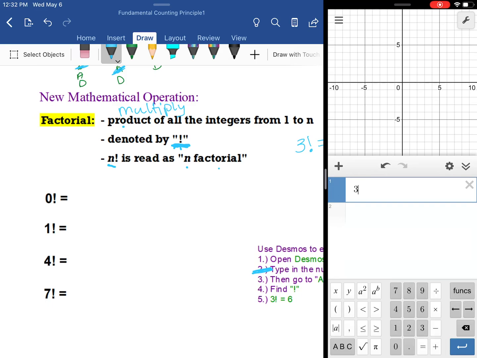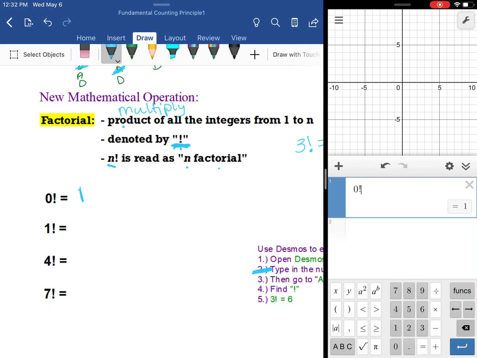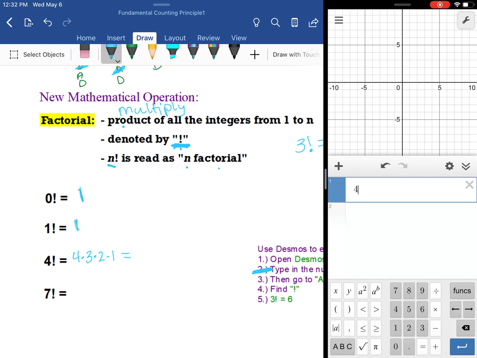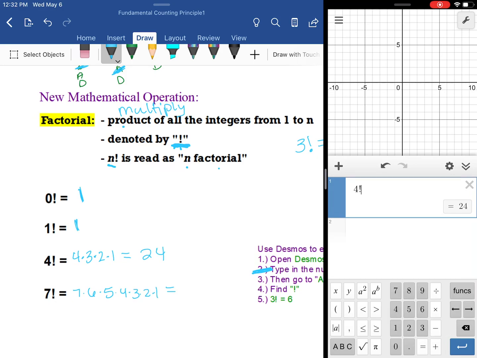So let's practice this a couple times. Let's see, we have 0 factorial, and this is just a definition. 0 factorial by definition is equal to 1. 1 factorial is also equal to 1. So 4 factorial means we're taking 4 times 3 times 2 times 1, and if we type that into our calculator, it tells us that 4 factorial is 24. 7 factorial means 7 times 6 times 5 times 4 times 3 times 2 times 1, and we find that 7 factorial is equal to 5,040.